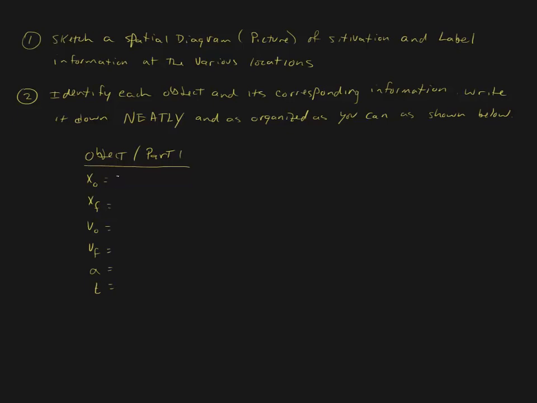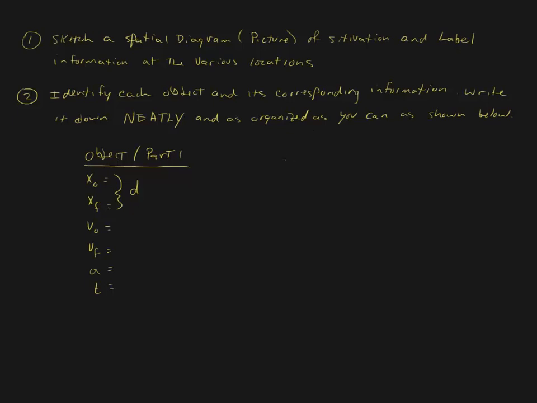And don't forget that X final and X initial come together to form the displacement. And oftentimes that's the only piece of information you're going to need, because the initial position is going to be established by you. You're just going to set the origin of your problem at the starting point of the object.